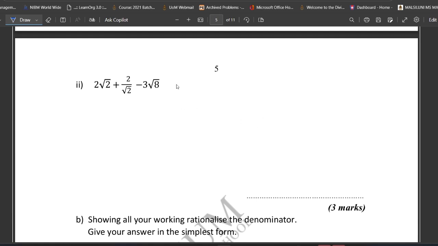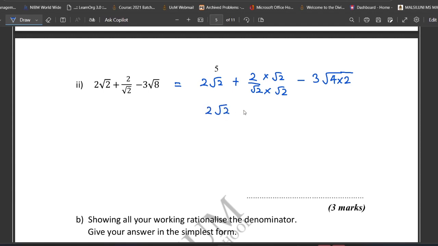And this one, we can get 2 times root 2, we can't do anything, but this one we can rationalize. To rationalize, we multiply by root 2 both top and bottom. This one we can get some perfect squares out of the root side.